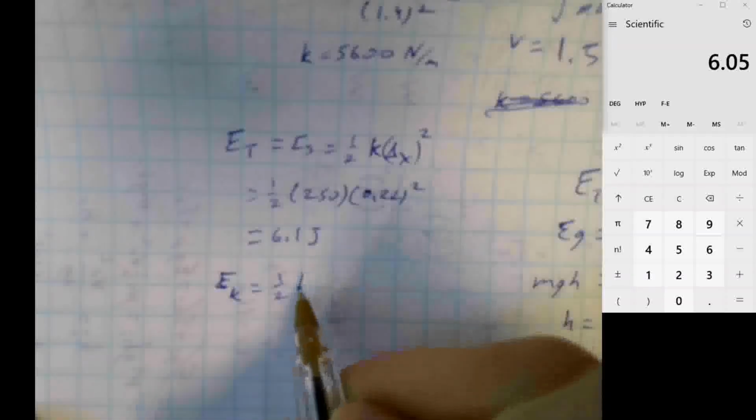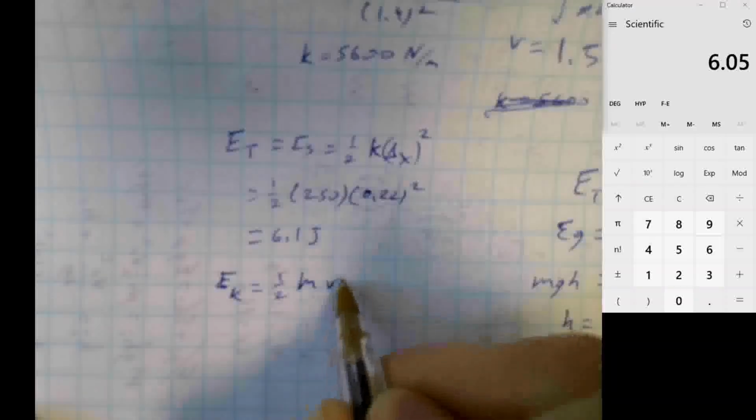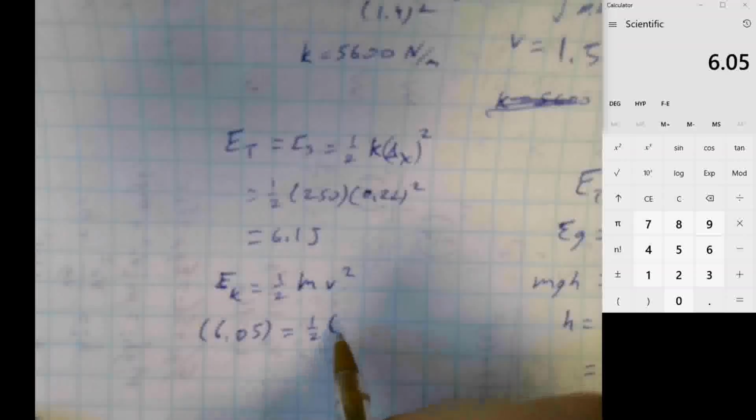Now, that was my first part that asked me about the energy before. The second part says calculate the speed of the block as it travels along the horizontal surface. So here, our kinetic energy has to equal that potential energy. So that's 1/2 of m v squared. So this must be 6.05, because I have to use the exact value, and my mass was 2 kilograms.